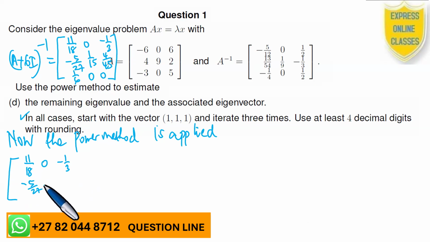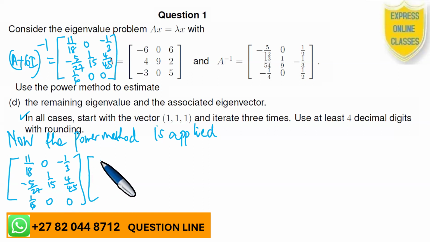Minus 5 out of 27. 1 out of 15. 4 out of 45. 1 out of 6. 0. 1 out of 6, 0, and then 0.